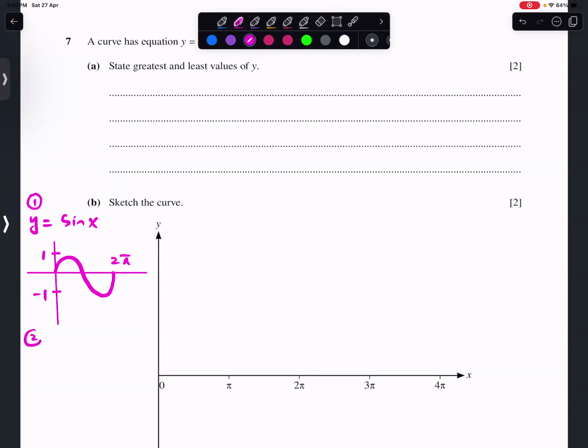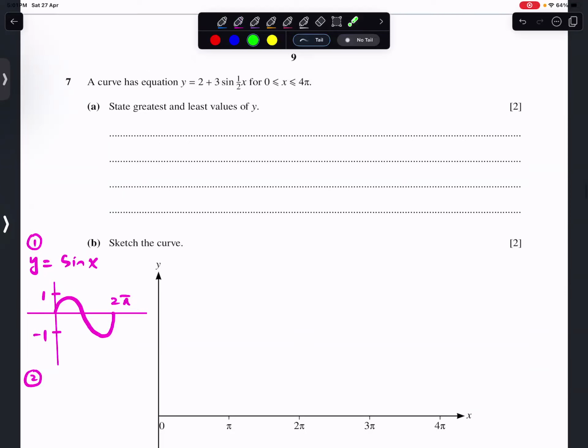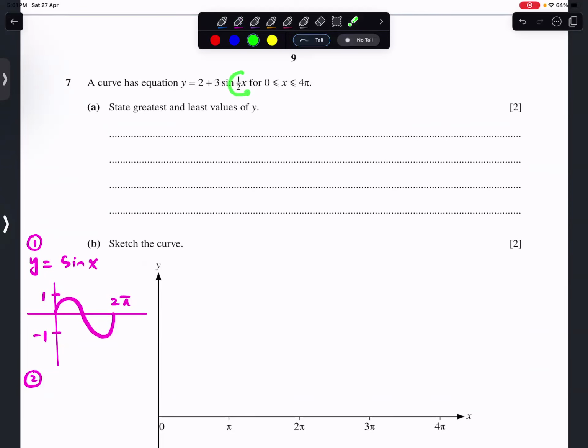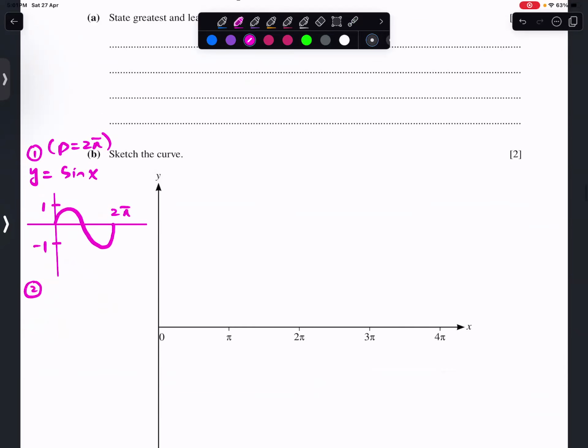Concept number 2 says that if you have a different angle like x by 2. The original y is equal to sine x has period 2 pi. It's a periodic function with period 2 pi. And if your function is y is equal to sine x by 2, what will be the period? Let me tell you the exact formula.